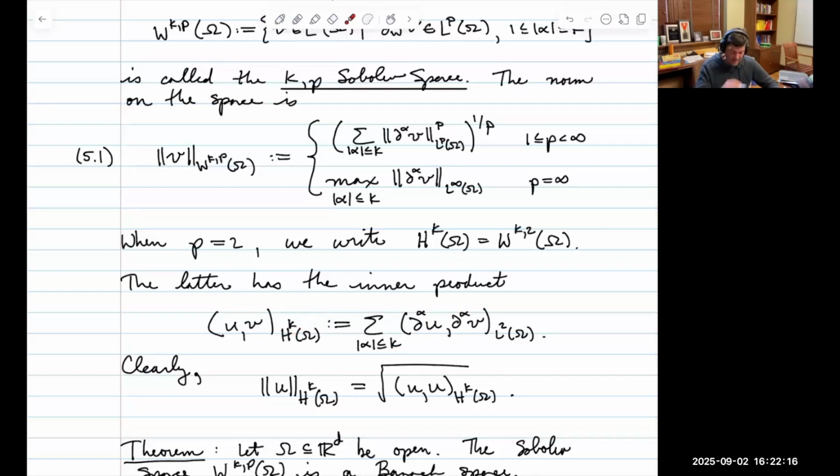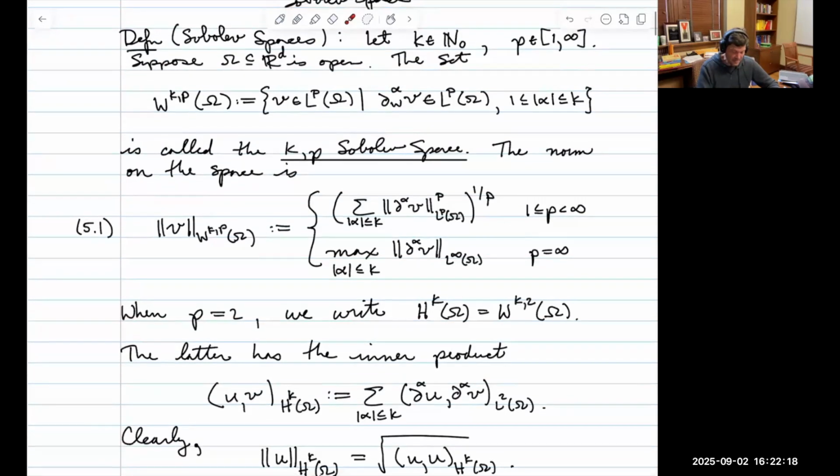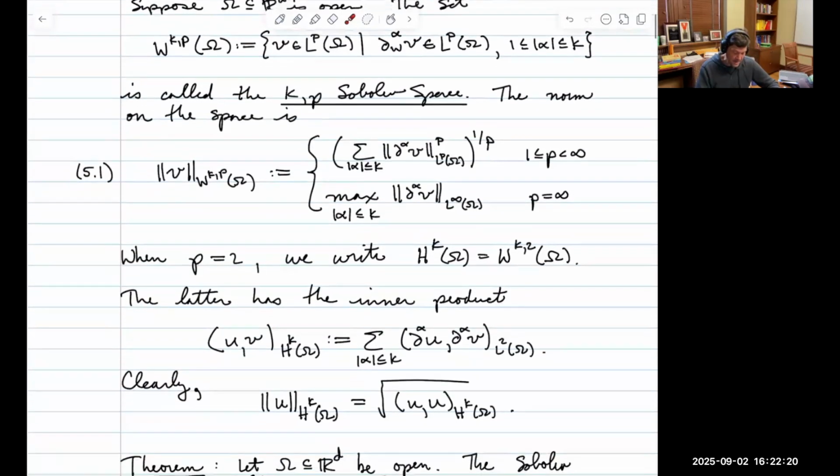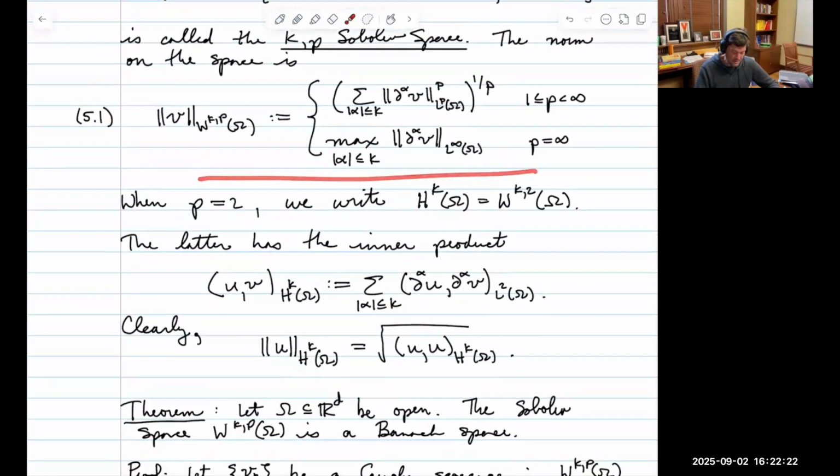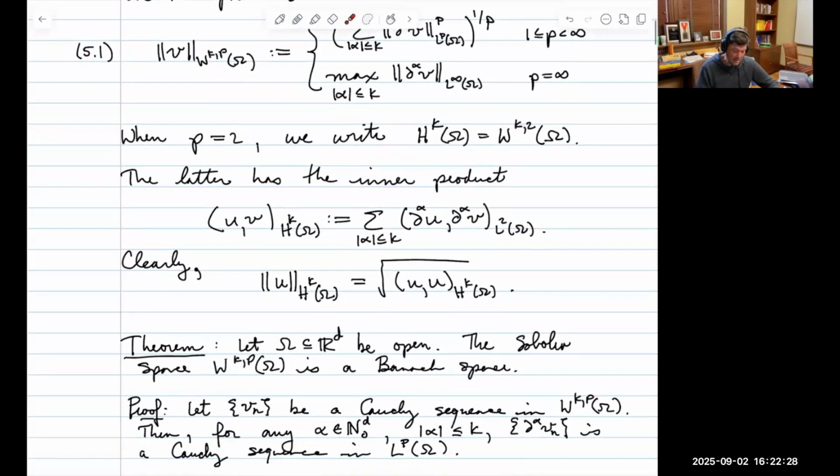Okay, so these are how I'm defining my Sobolev spaces, and I'm claiming that these are the norms on those spaces, or that they give rise to a norm. And then finally, I'm claiming that these Hilbertian Sobolev spaces actually have an inner product associated to them so that they can induce a norm in the usual way.